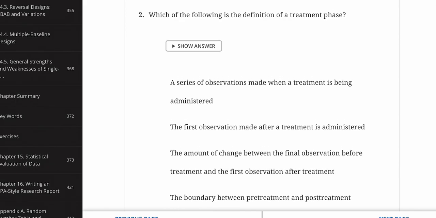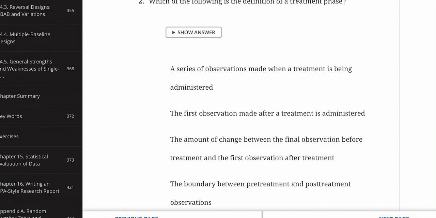If you look at these answers, you can really just look at the very first few words. A phase is not a boundary. It is not an amount of change, especially between final observation and first observation after. That doesn't apply.